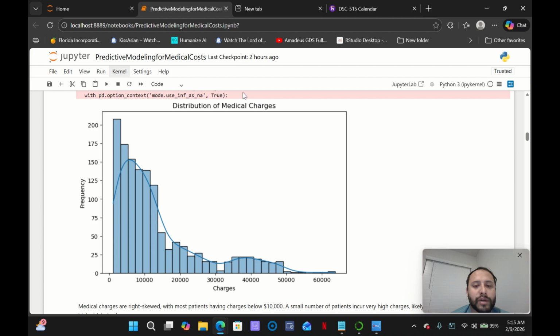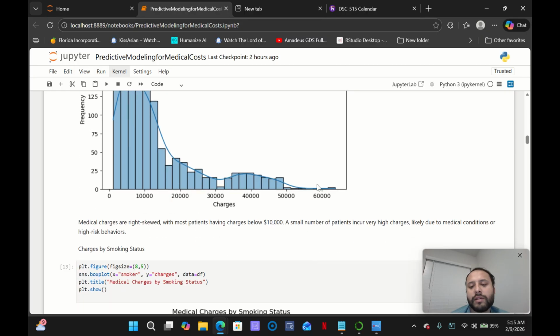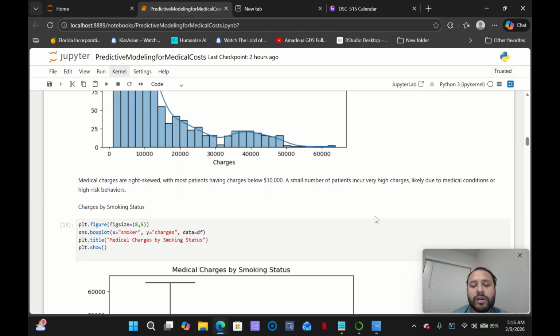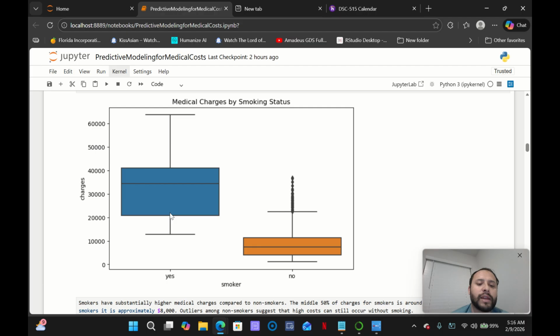In this we can see the medical charges have right-skewed data, where most of the values are less than 10,000, and there are a few data points where patients are paying higher costs, maybe due to their medical condition or risk behavior habits, like smoking status.